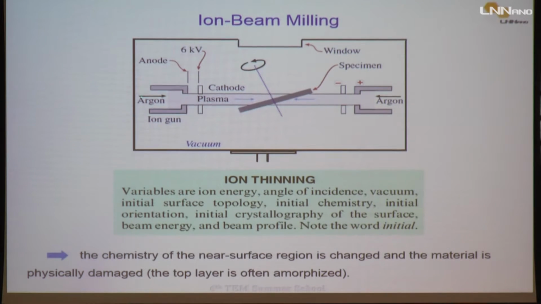And you have two ion guns, okay? Usually they work with argon ions, okay? And you have here an acceleration, a potential difference that accelerates these argon ions in the direction of your sample.